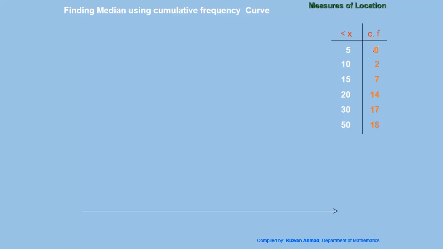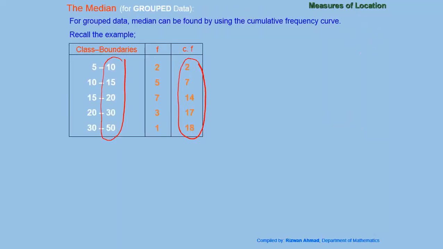In this table, the first value 5 will have the cumulative frequency 0, because if you see it in the previous screen, against this value we always write the CF 0. So the lower limit or the lower boundary of the first class will always have the cumulative frequency 0.